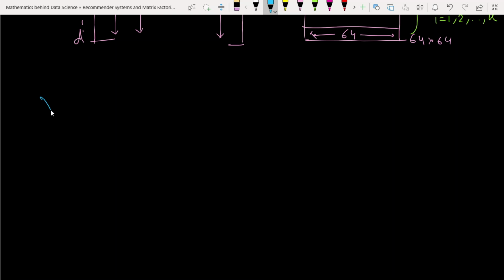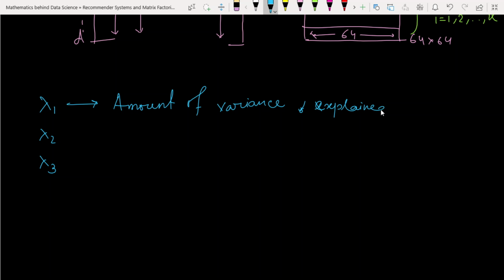Lambda 1 is the first eigenvalue, lambda 2 the second, then the third. We calculate the amount of variance each explains, meaning how much information they have explained.